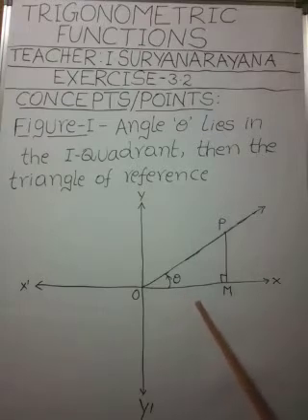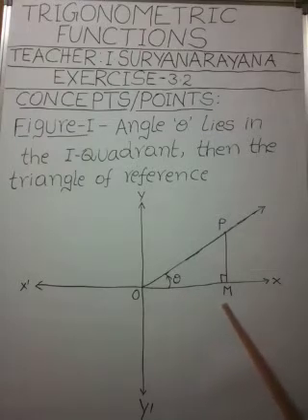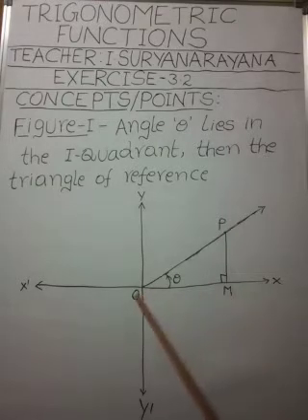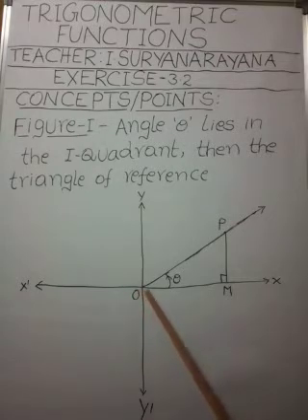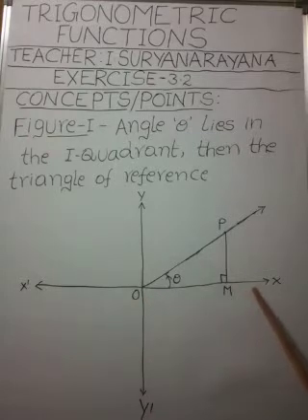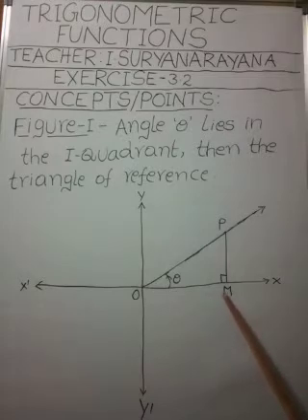How can you say an angle is in the standard position? Its initial ray must be the positive x-axis, and the vertex must be the origin. If the vertex of an angle is the origin and the initial side of the angle is the positive x-axis, then the angle is said to be in the standard position.